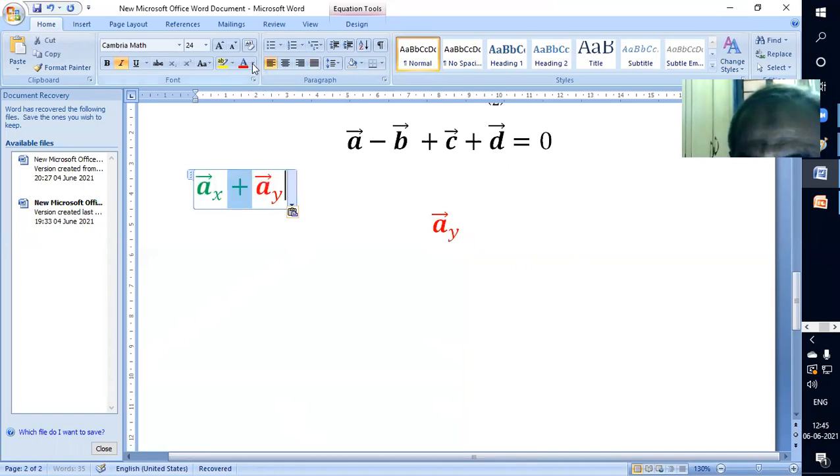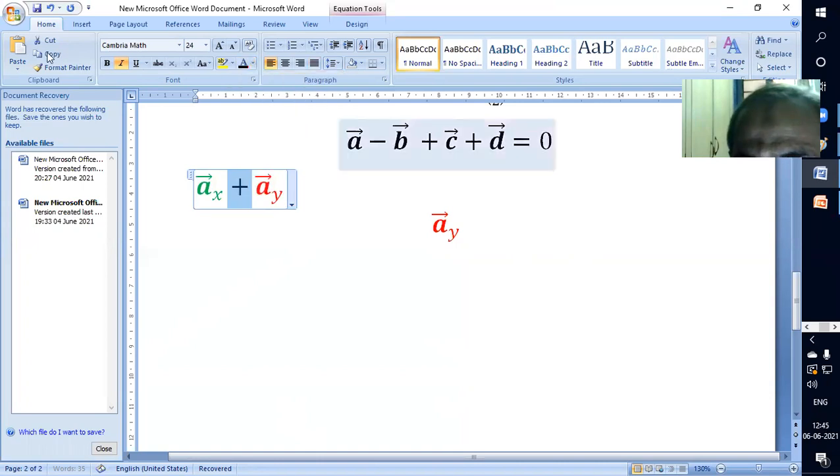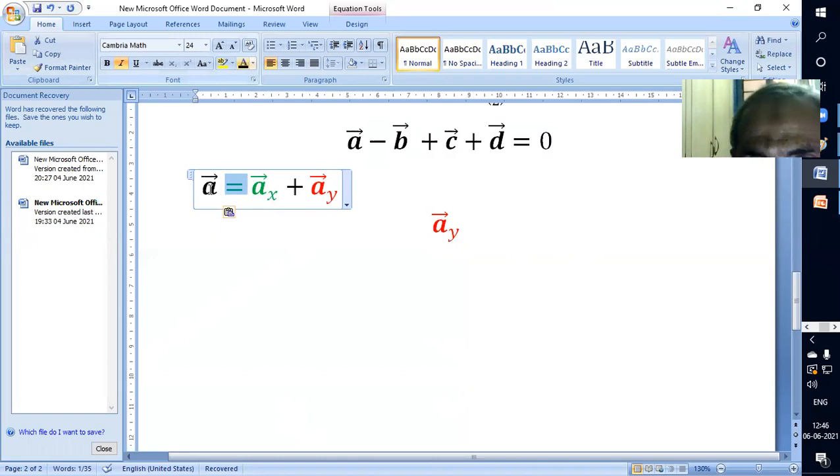The equation will become something like this. This is the equation. Let me write that equation here in the figure.